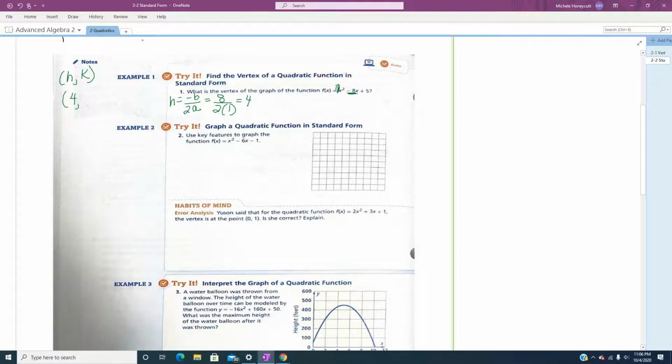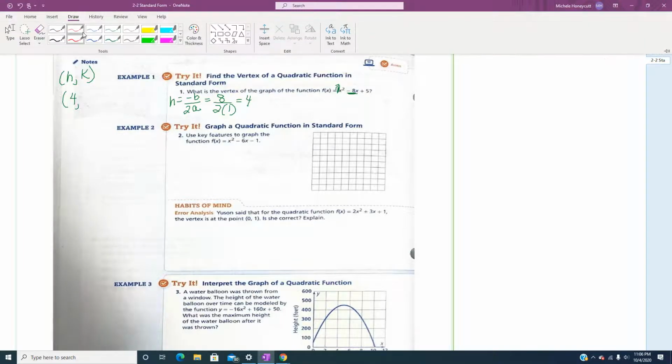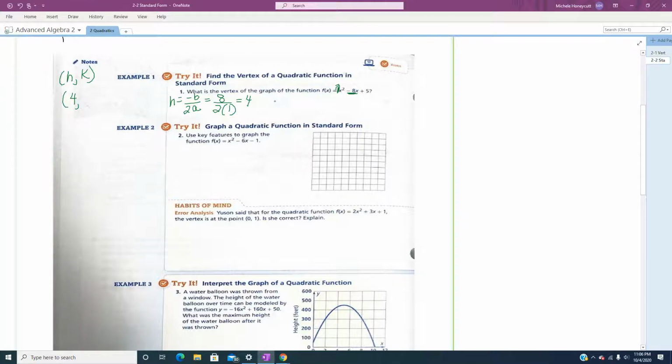To find the k value, I find that by finding f of the number you got for h, so f of 4. That means I'm going to take my f of x formula, and anytime I see an x, I'm going to substitute in a 4. So 4 squared minus 8 times 4 plus 5.